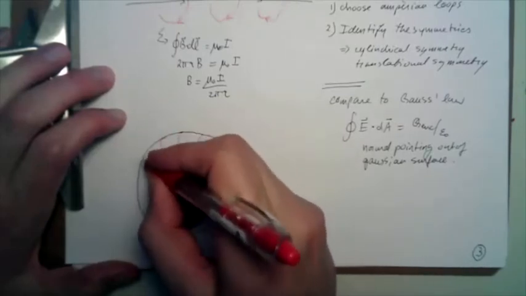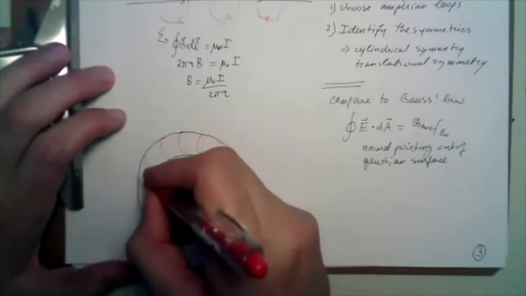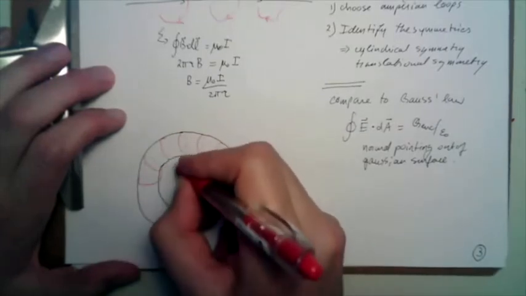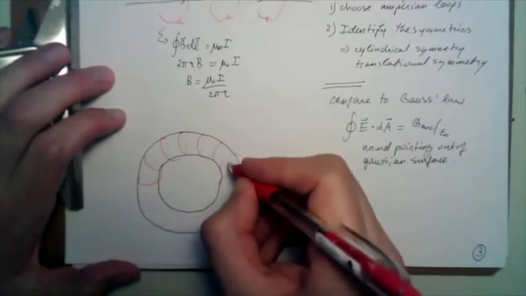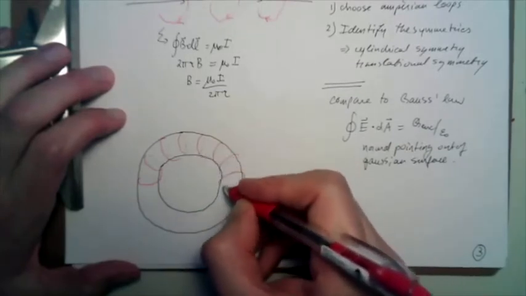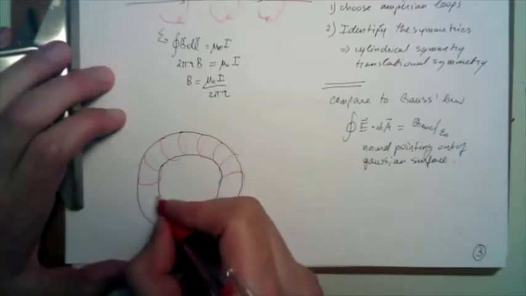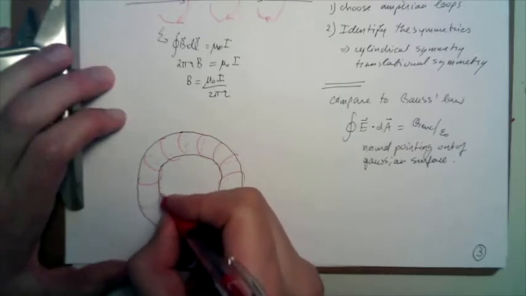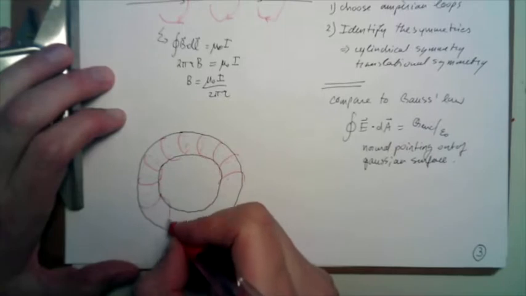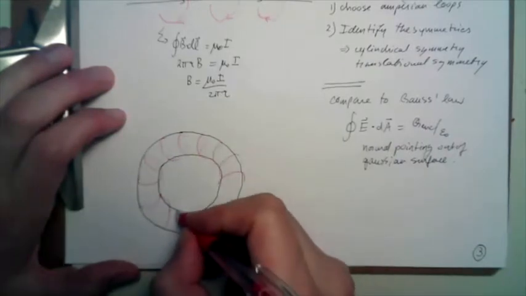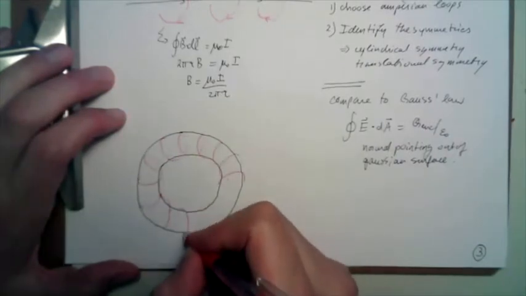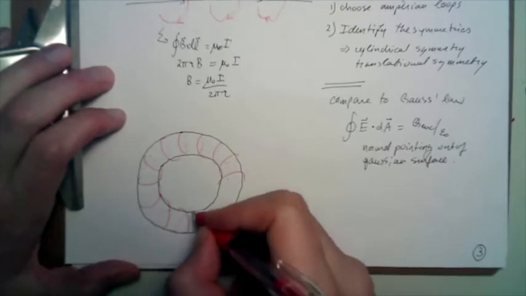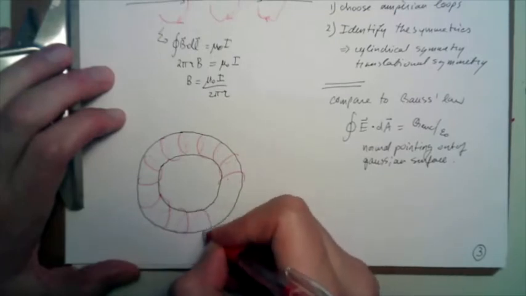We're going to assume that these loops are packed very tightly around, very close together, such that the density is infinite, if you want.